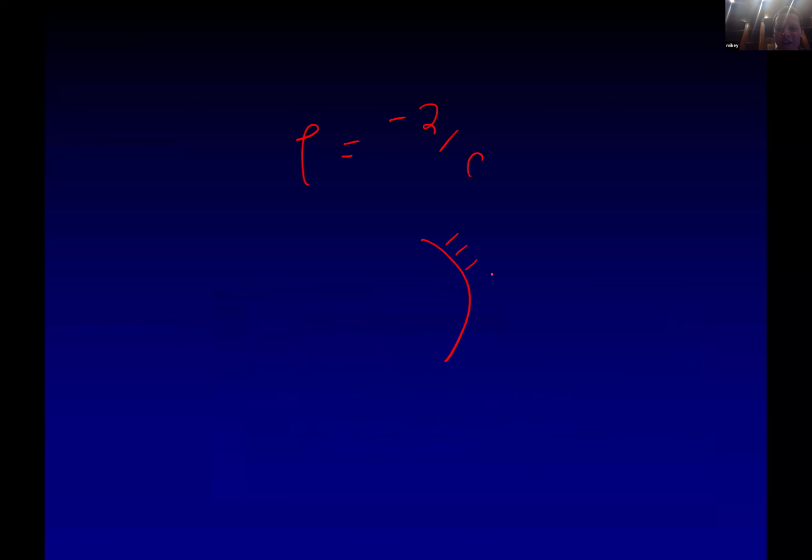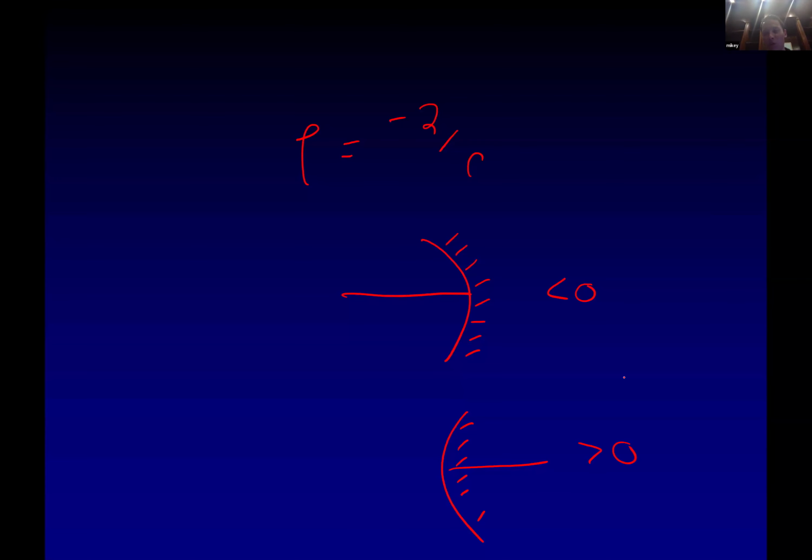It's all about conventions from how these things were first invented, but the R for a concave mirror is negative, and the R for a convex mirror is positive.